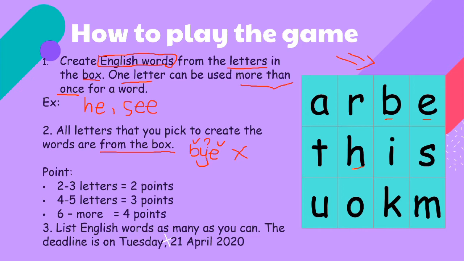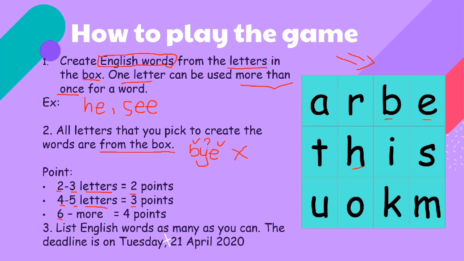If you can write a word that has 2 or 3 letters, you get 2 points. 4 to 5 letters, you get 3 points for each word. If you can create an English word of 6 or more letters, you get 4 points.